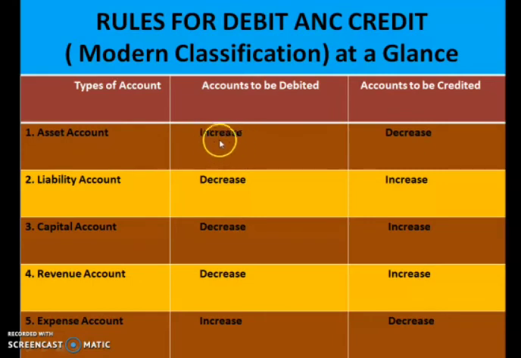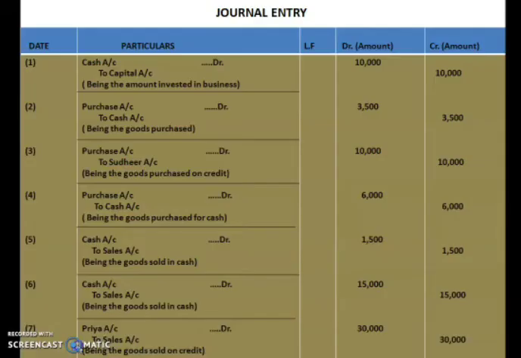So if an asset increases, what are you supposed to do to cash? It should be debited. So whenever there is a sale, cash is increasing. Because of your sales, your cash balance will increase. So cash will be debited with 1,500 to sales account 1,500. So remember children, purchases are debited and sales are credited. Being the goods sold in cash.